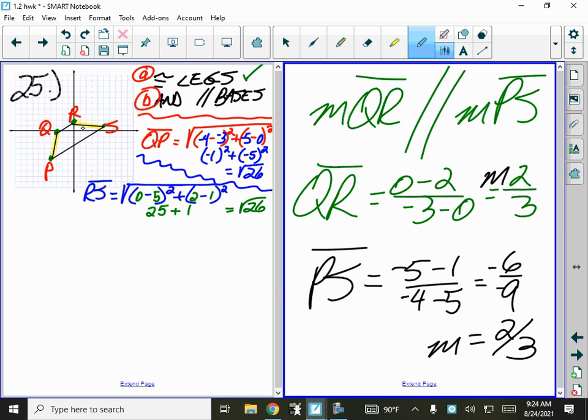Are we ready to move on? Wow. Okay, so had I given you this problem before and I said, prove that these guys form an isosceles trapezoid by showing that the bases are parallel and the legs are congruent, then I think you would have got it, right?